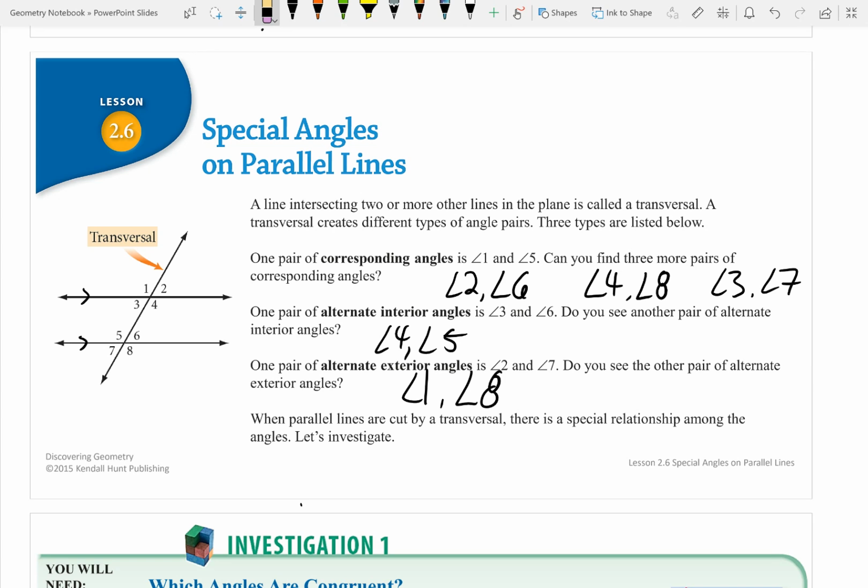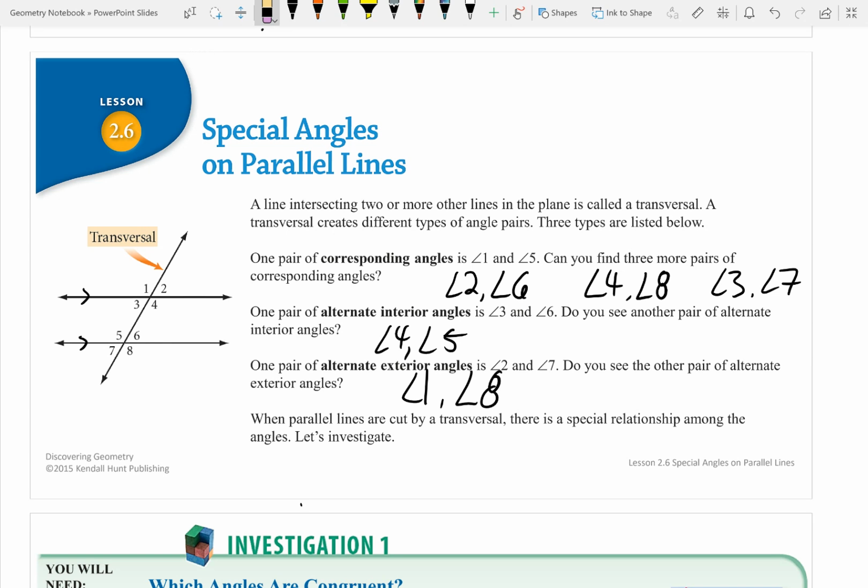So angles 1, 2, 3, and 4, how are they related to angles 5, 6, 7, and 8? So corresponding angles, an example of that is angle 1 and angle 5. They correspond to each other. They're in a similar location. So another one would be 2 and 6, and 4 and 8, and 3 and 7.